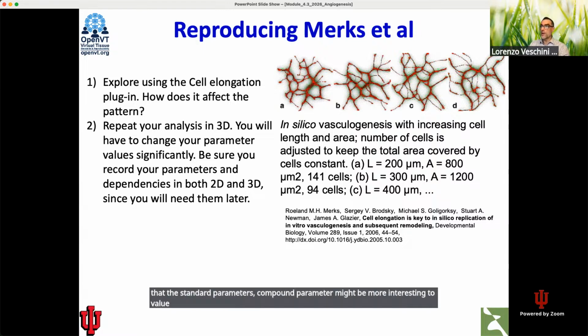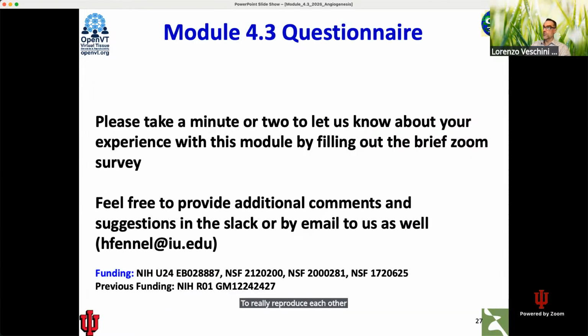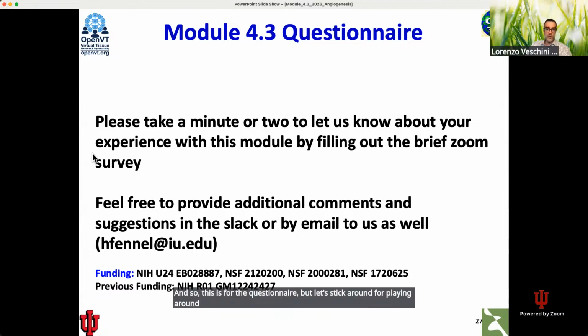But please read the paper, it's very interesting, and after the lecture you might really want to read it with a simulation at hand while you try to reproduce each and every figure. And this is for the questionnaire, but let's stick around for playing around with the simulation.